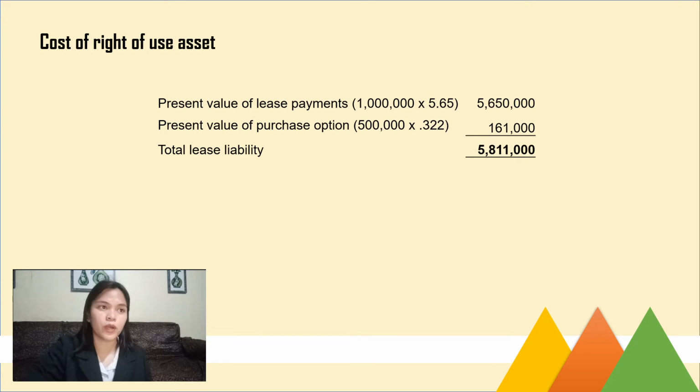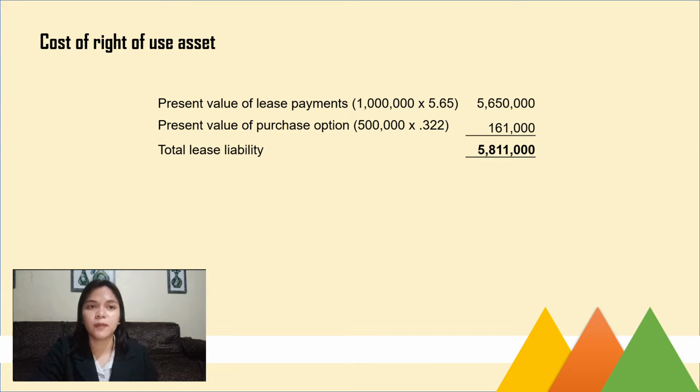Then, para makuha yung present value of purchase option, we will just need to multiply the purchase option, which is the 500,000, by the present value of 1 for 10 periods at 12% na 0.322. So, we will get 161,000.